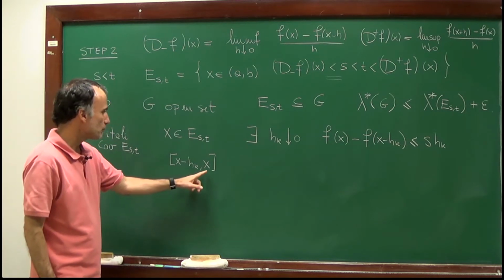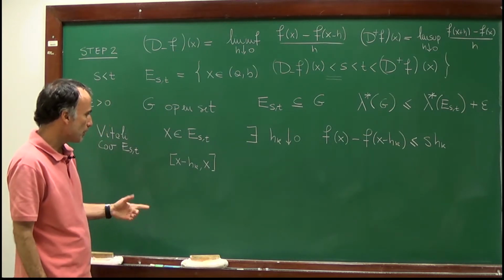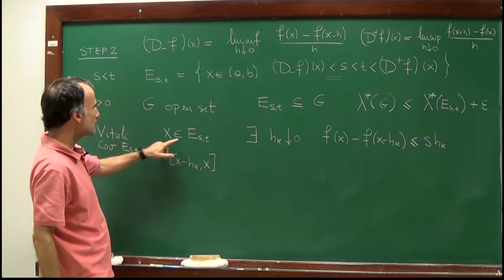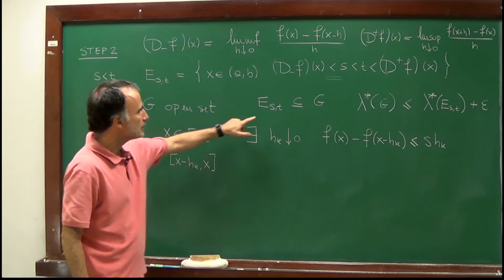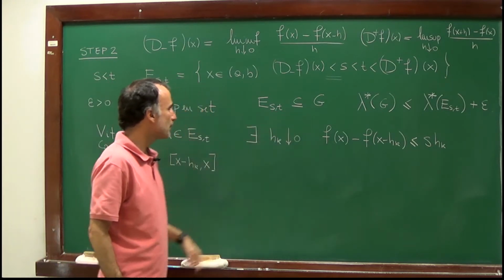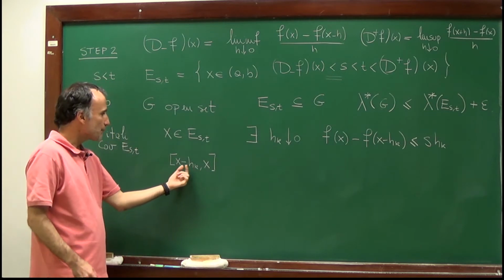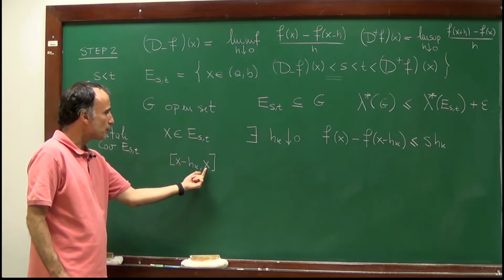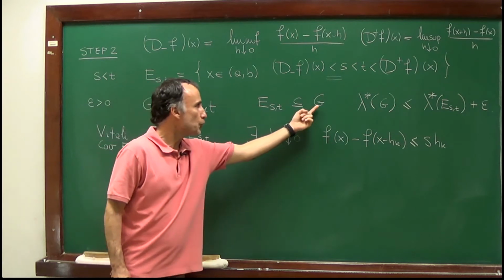And what do I mean by small? I mean the following. x belongs to E_s. E_s is contained in G, and therefore x minus h_k is converging to x, which belongs to an open set.